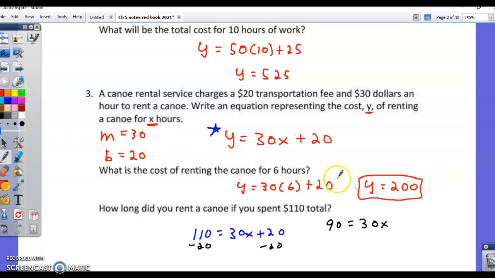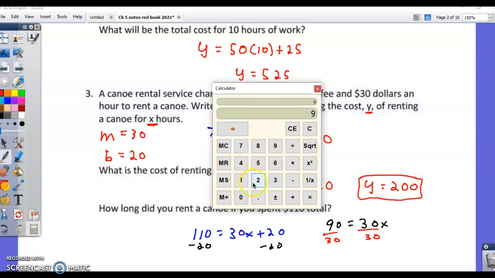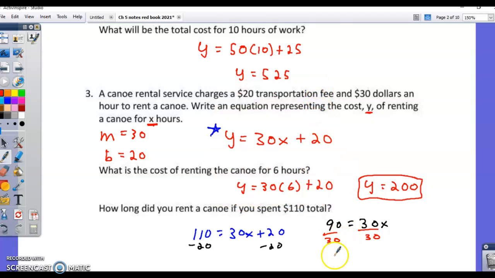Now we have to divide by 30 to get x by itself. So when you type that in your calculator, 90 divided by 30 equals 3. So your answer would be, if you spent $110, which includes the $20 flat fee plus $30 per hour, you rented the canoe for 3 hours.